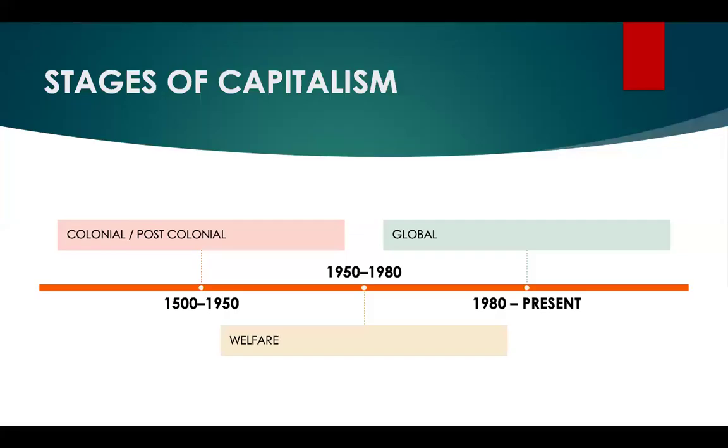The key features of that were deregulation, privatization, and free trade policies, and a shift from industrial economies to service and finance economies. There was a rise of global supply chains and outsourcing, like manufacturing moving to developing countries, for example, from the US to Mexico and China and other places.